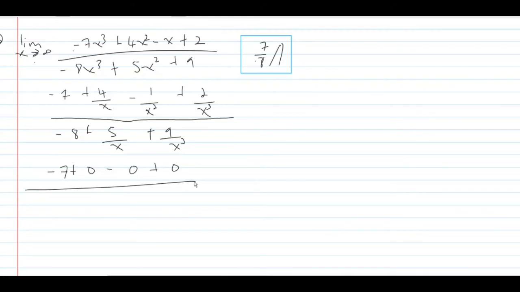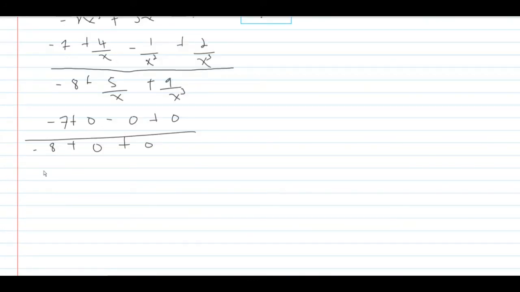All of that is over the limit of negative 8, which is just negative 8, plus the limit of 5 over x, which is 0, plus the limit of 9 over x cubed, which is 0. So my limit would just be equal to negative 7 over negative 8, which we know is just 7 over 8. Right? So that's the limit of our question.